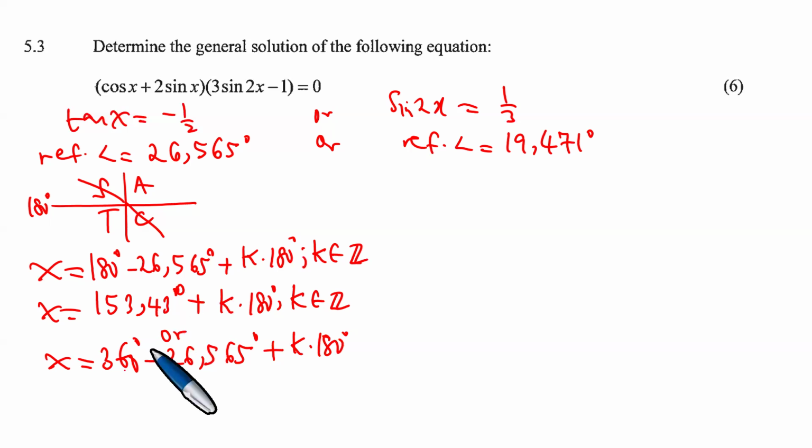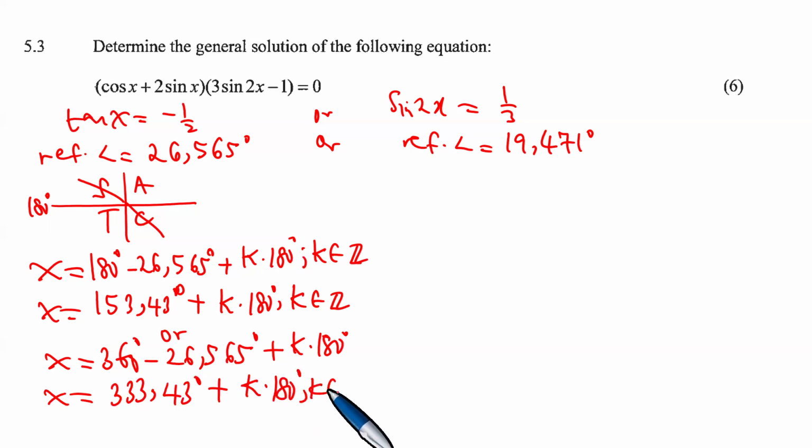So we're getting here, for instance, x equals 360 minus that, which gives us exactly 333.43 degrees plus k times 180 degrees, and k is an element of the integers.